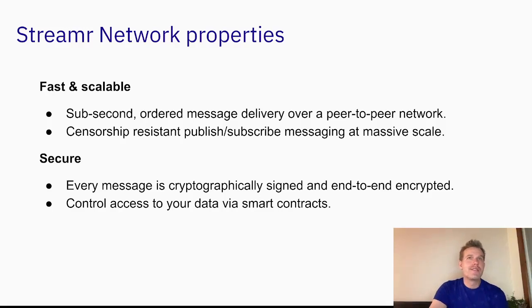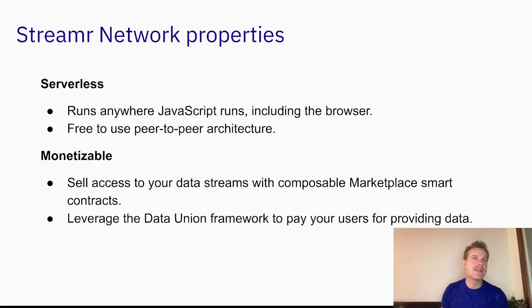The network is fast and it's secure. Blockchains measure latency in seconds, Streamr measures it in milliseconds. Every message is cryptographically signed and end-to-end encrypted and delivered in usually under 300 milliseconds. It's serverless and free to use, thanks to its peer-to-peer architecture.